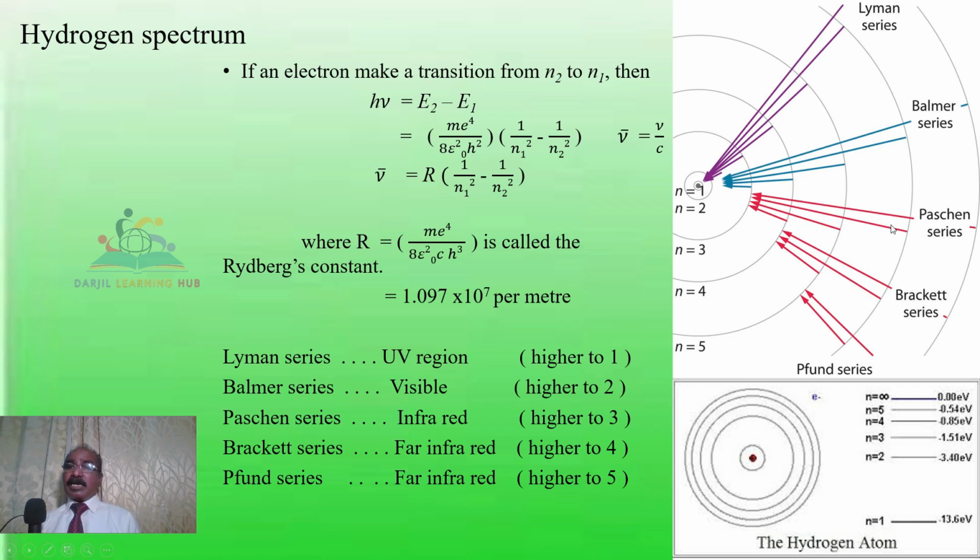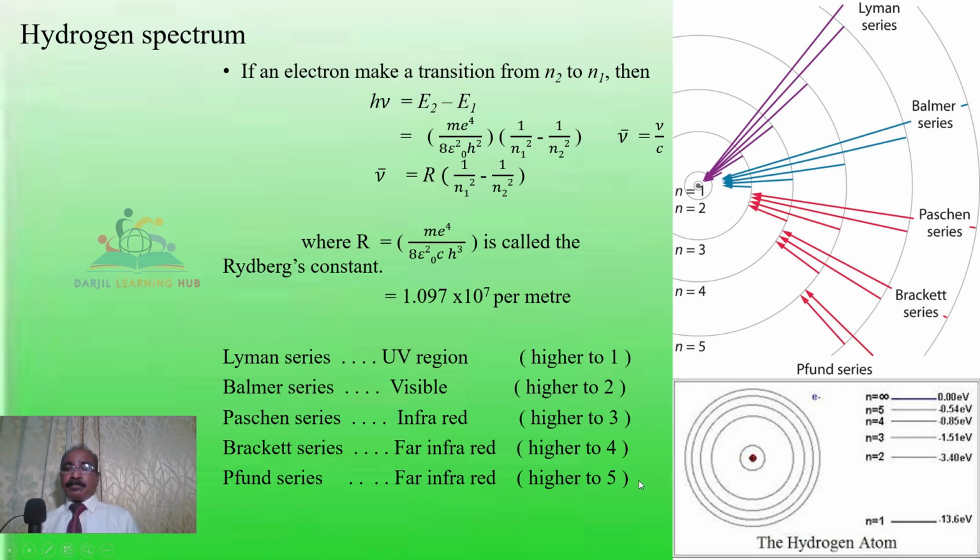If it jumps from 4, 5, 6 to 3, it is called the Paschen series. Similarly, from the fifth and higher orbits to the fourth orbit, it is called the Brackett series. It is in the far infrared region.